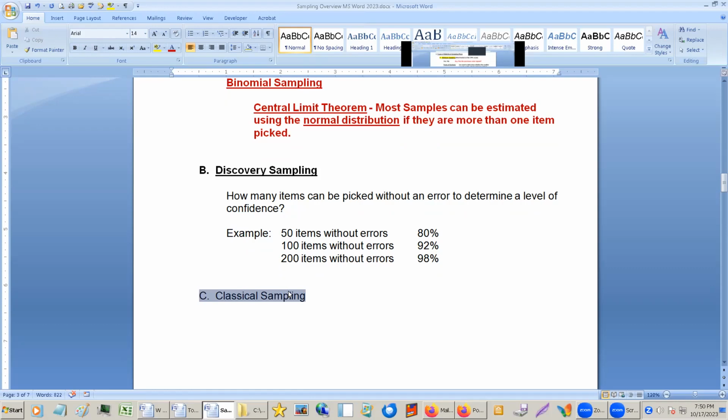Okay, classical sampling we did. This is the mean per unit. Ratio estimation. And difference estimation.